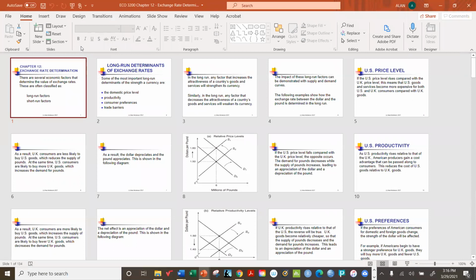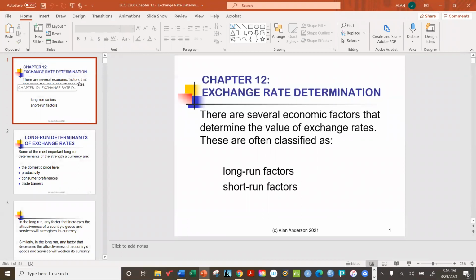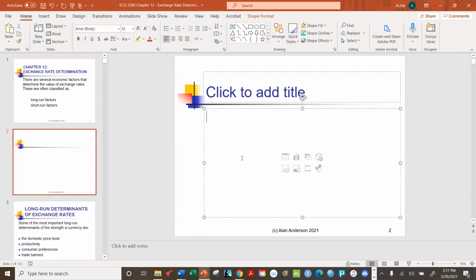Now, of course, there's a lot of them, but we can reduce them to a handful of the most important factors. But before we do that, we want to note that we're going to make a distinction here between the long run and the short run. Certain factors will affect currencies more in the short run than in the long run. So the way to think about it is this. First of all, in economics, we usually make this distinction in the following way.